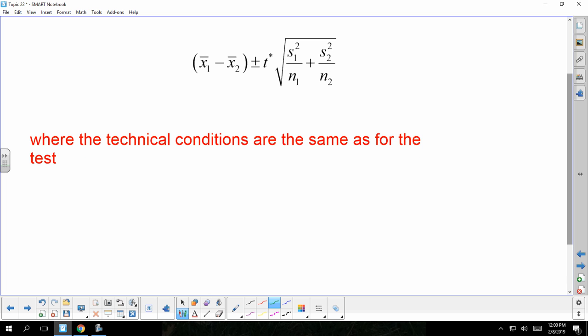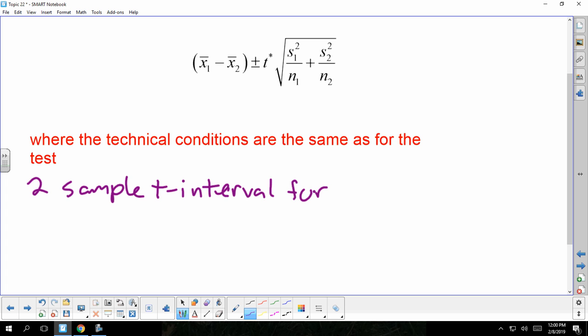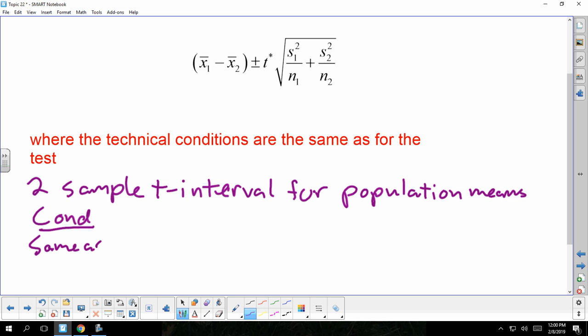How we set this up: the first thing, this is a 2-sample t interval for population means. Our conditions are the same as before.